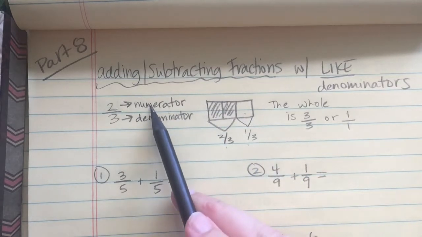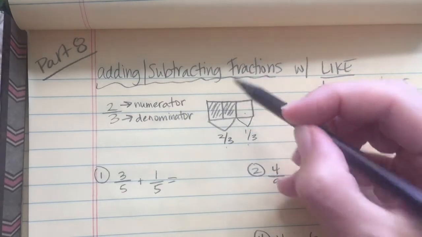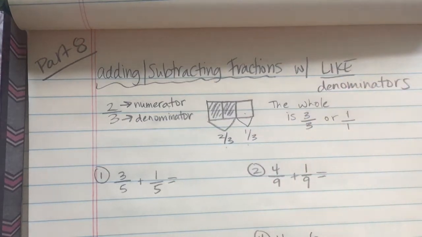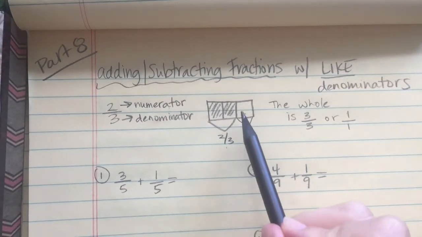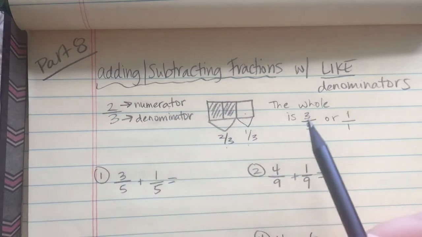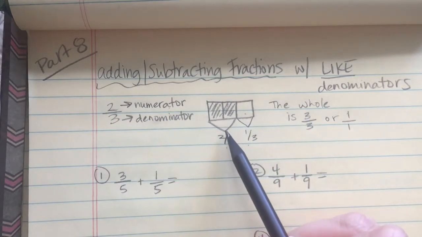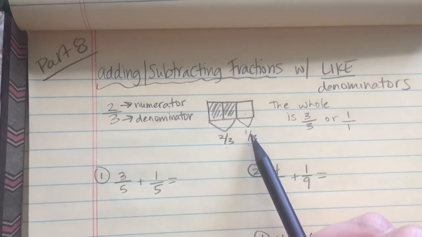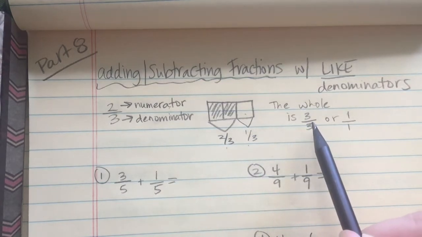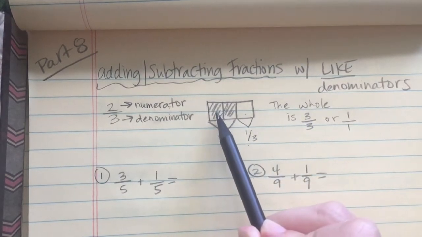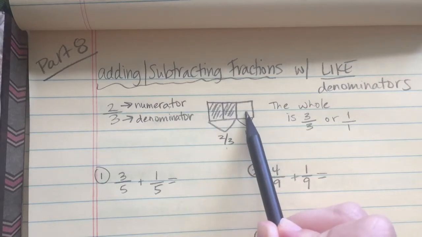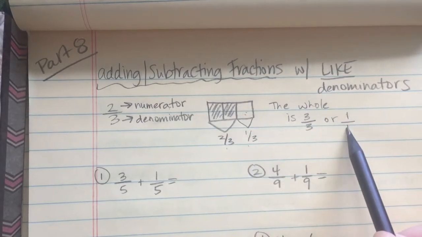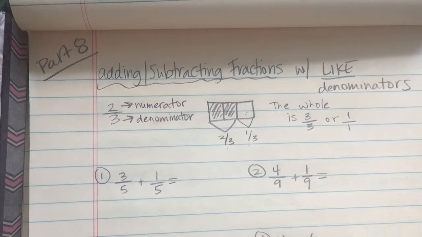The numerator tells you how many pieces you ate or how many pieces of that whole you actually have. So in terms of 2/3, if you ate 2/3 and you have 1/3 left over, the whole would be represented by 3/3 because 3 of these pieces makes 1 whole candy bar, okay?